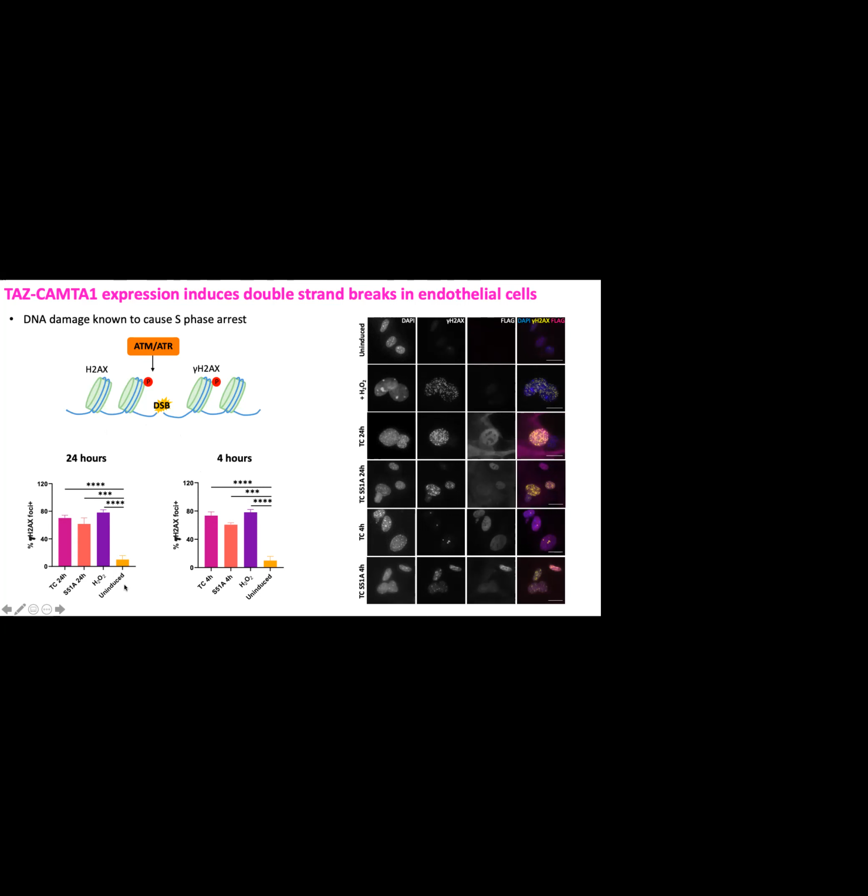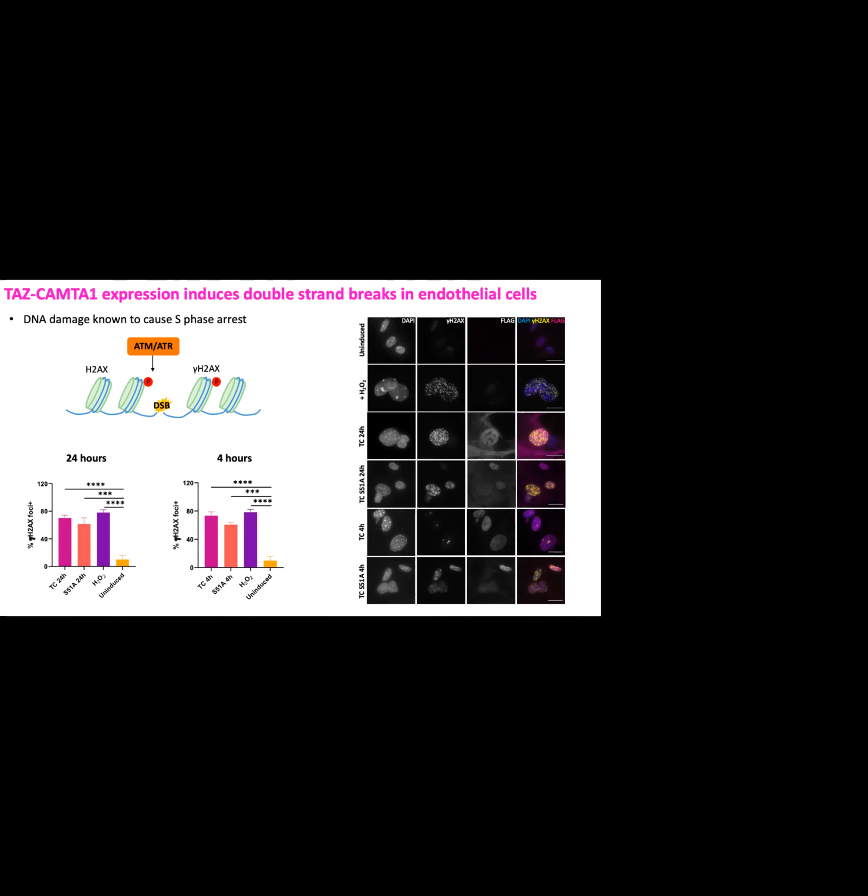And what we noticed was that the TAS-CAMT1 expressing cells had significantly more gamma H2AX foci than the uninduced controls. And the number of foci that they had was actually very similar to the peroxide positive control, as peroxide is known to cause double strand breaks. Interestingly, this effect was also visible by only 4 hours after adding DOX, so immediately as TAS-CAMT1 begins to be expressed.